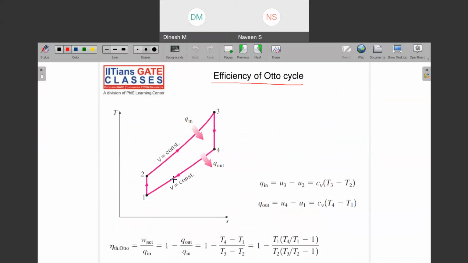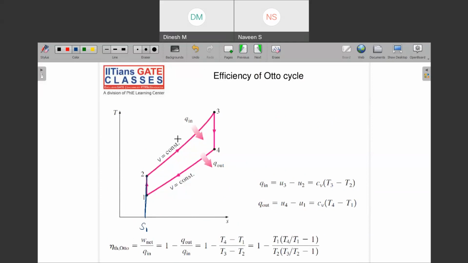now the same process is drawn on the TS axis. Initially we have seen that 1 to 2 was isentropic compression, meaning entropy is constant. Can you see from this point to this point, 1 to 2, the entropy has the same value? If this is S1, then entropy is constant.